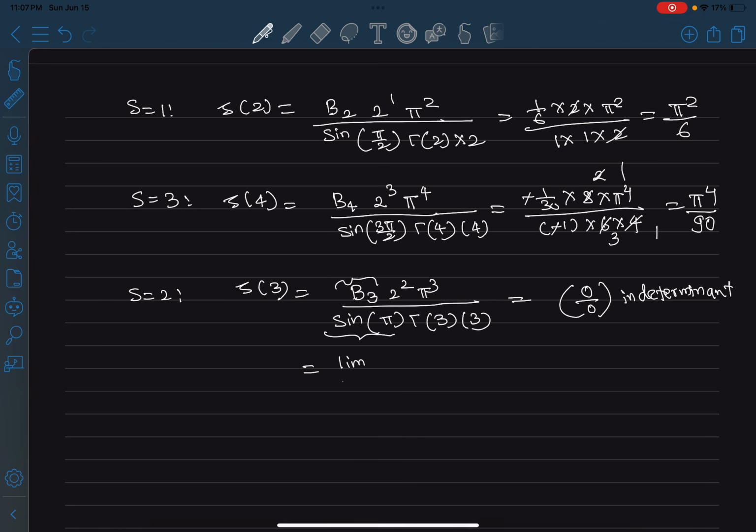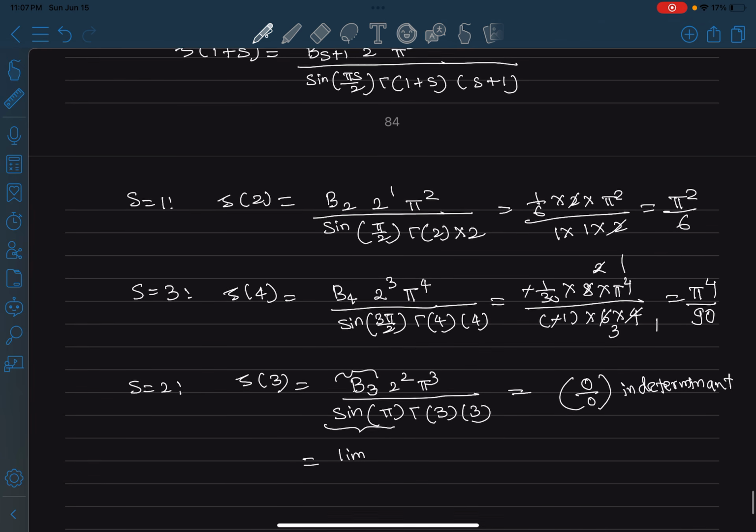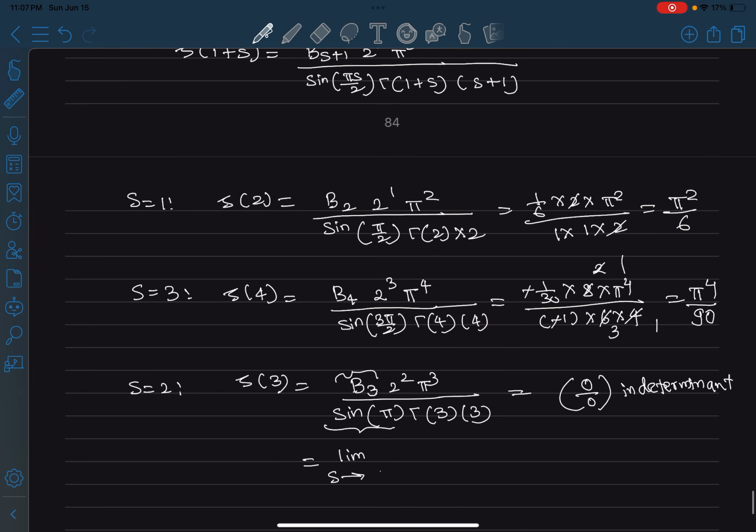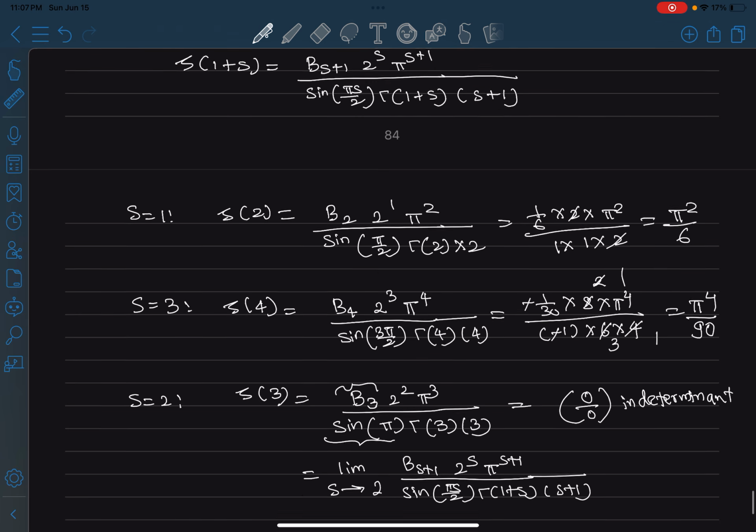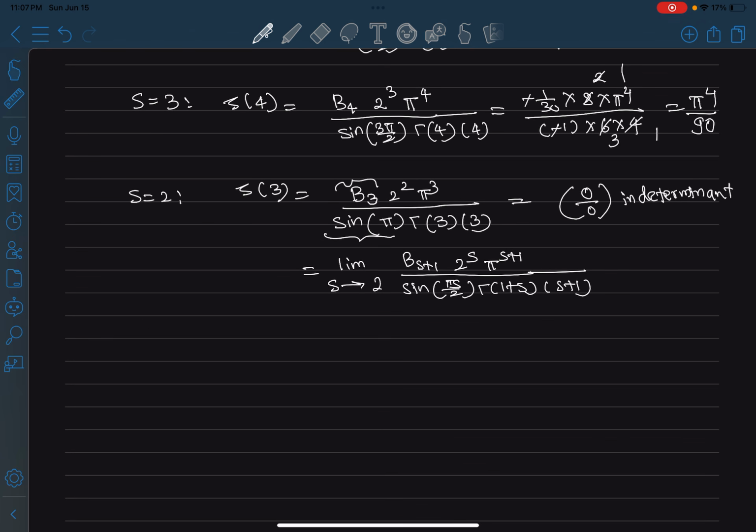So you want to find the limit as s goes to 2 of Bernoulli s plus 1, and then 2 to the power s, pi to the power s plus 1, divided by sine of pi s by 2, gamma 1 plus s, plus 1, right? And now if you want to use L'Hopital's rule, because it's in 0 by 0 form, you need to take the derivative of the numerator and denominator, right?